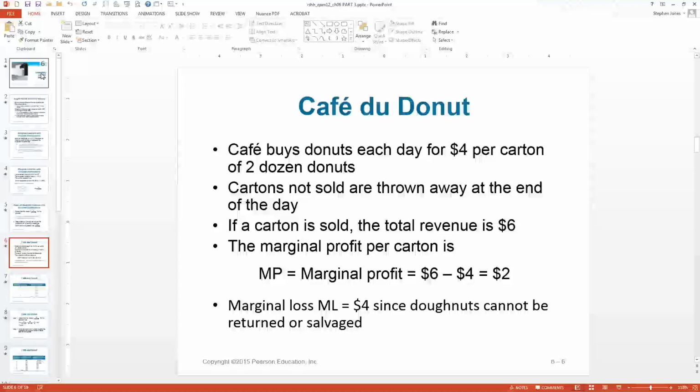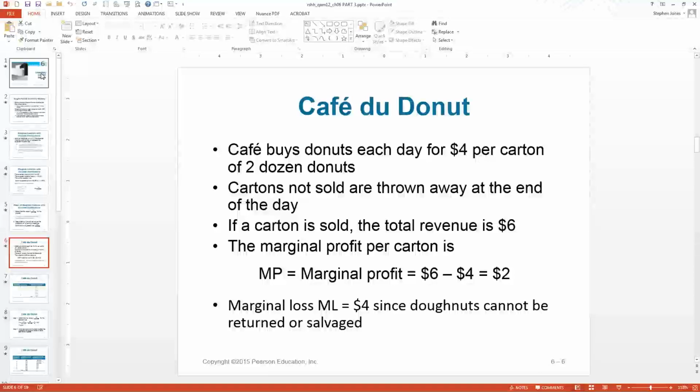The cafe buys donuts each day, and it costs them $4 a carton of 2 dozen donuts. They're going to sell those, I'm guessing, with their coffee and their water and everything else that they're selling at this Café du Donut.